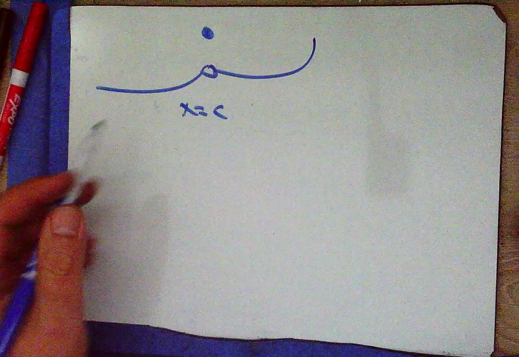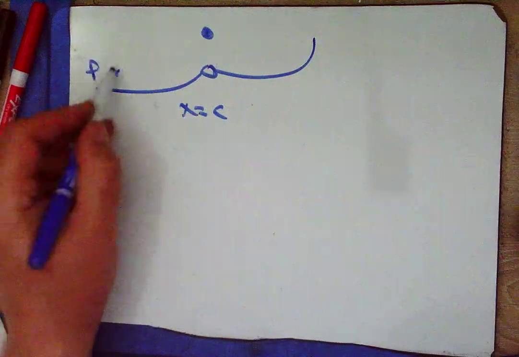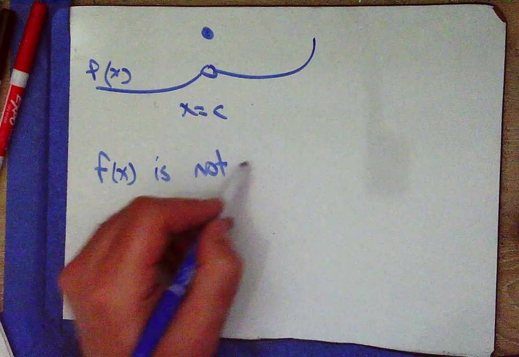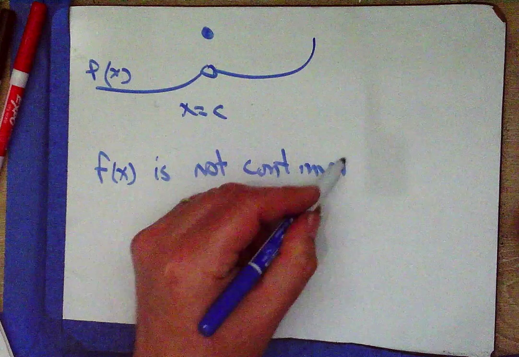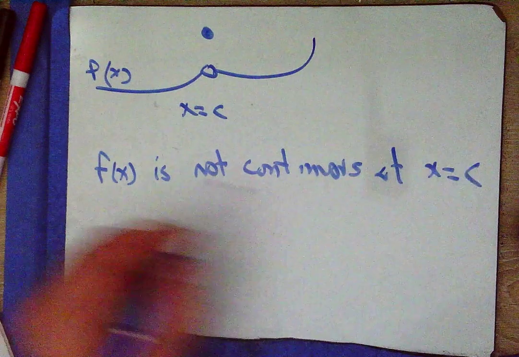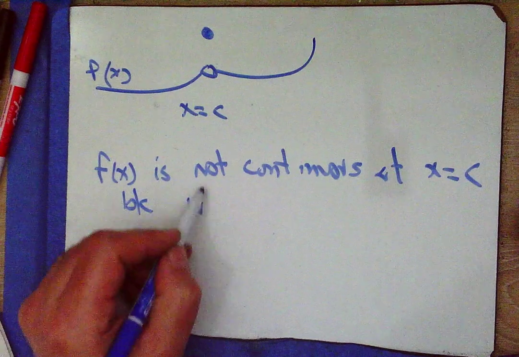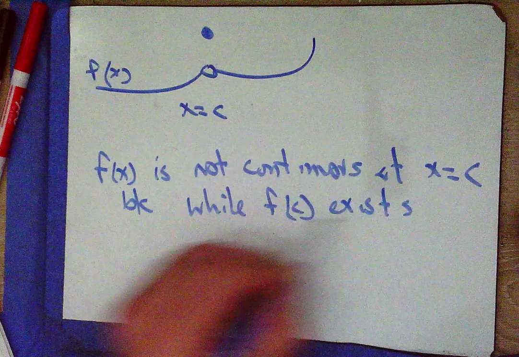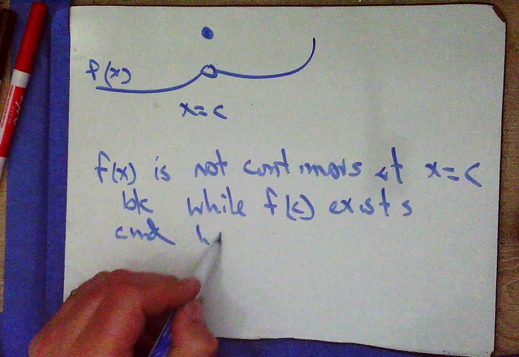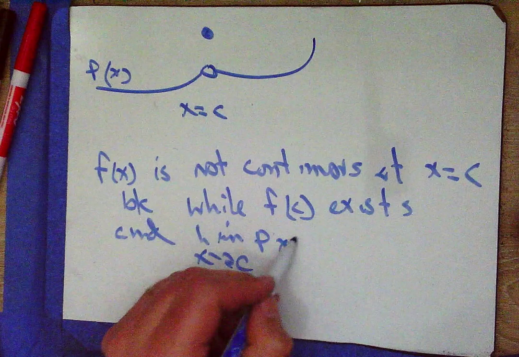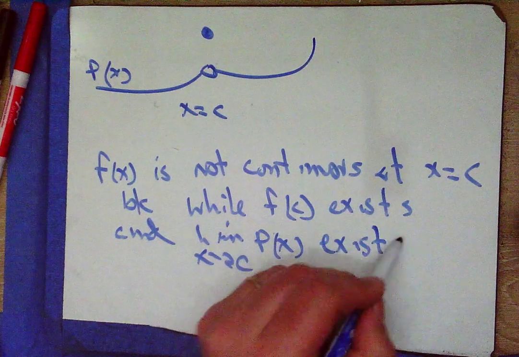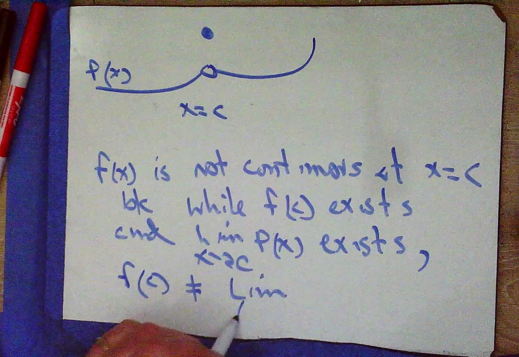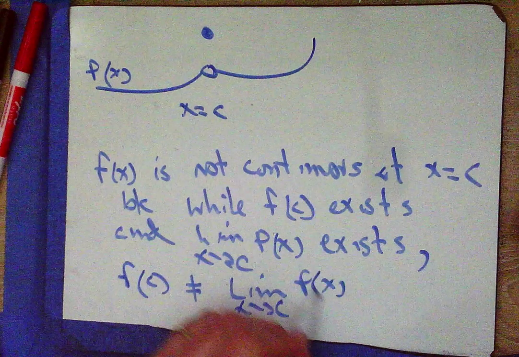I would say f of x is not continuous at x equals c because while f of c exists and the limit as x approaches c of f of x exists, f of c does not equal the limit as x approaches c of f of x.